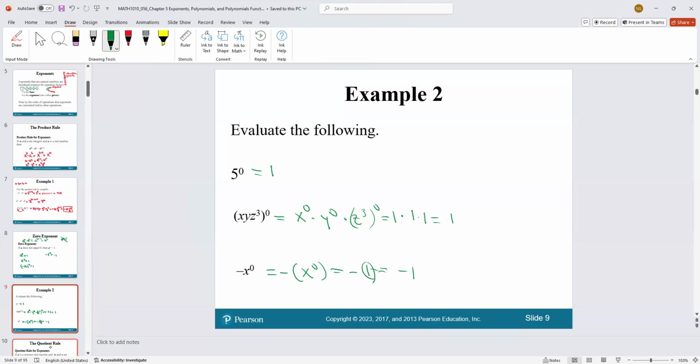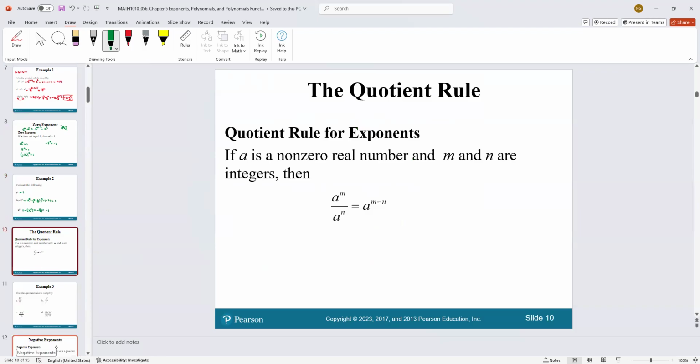Okay. Now, the quotient rule. Because we're going to use the quotient rule for exponents to find quotients of exponential expressions, we need to understand some basic properties of quotient rules.